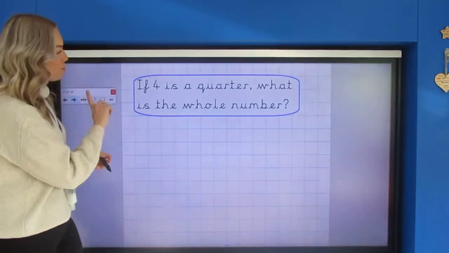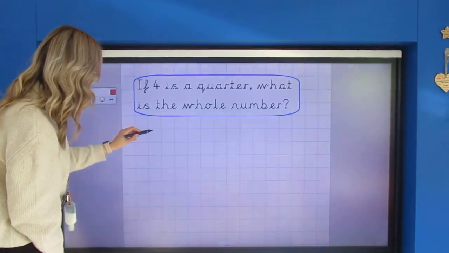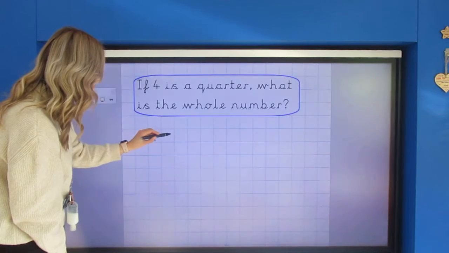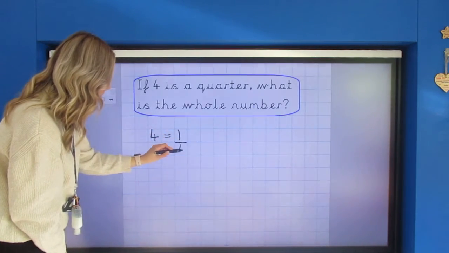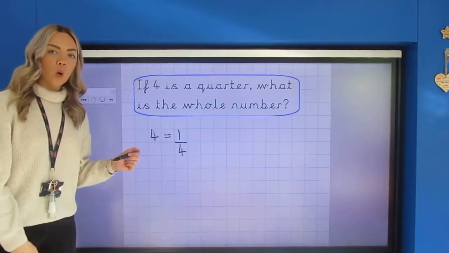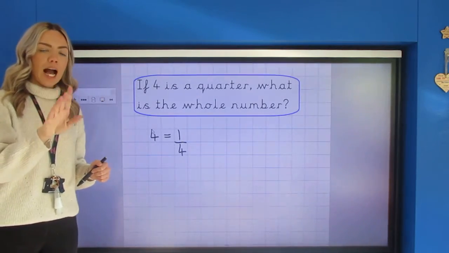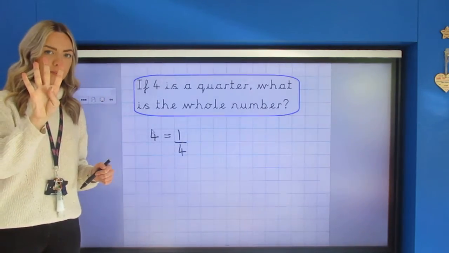Okay, so let's write it as a number sentence. So we know that 4 is the same as 1/4, okay? So 4 is 1 part out of 4 parts.